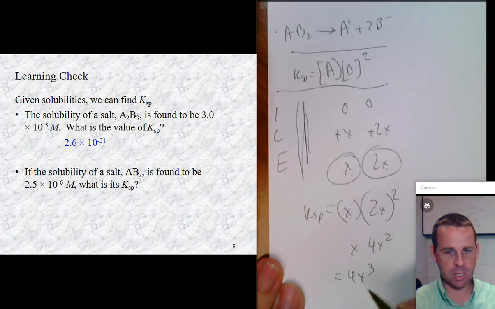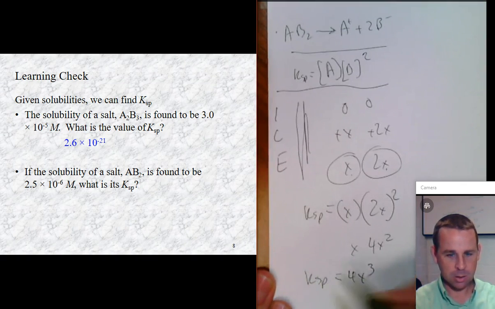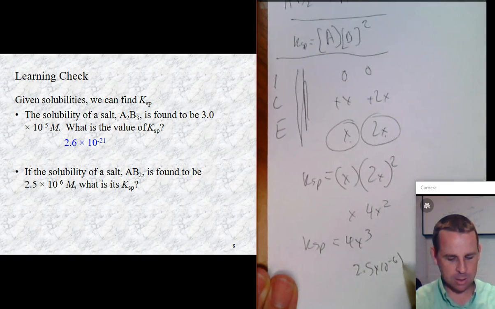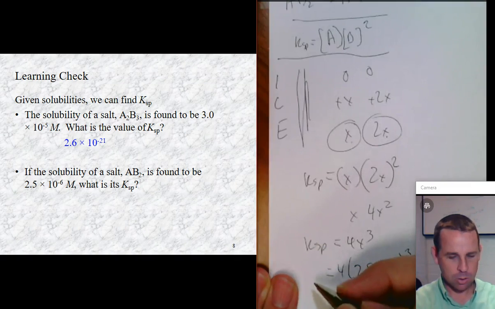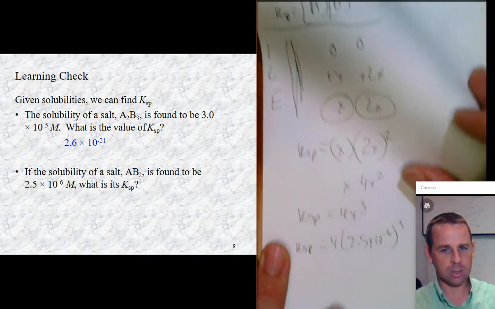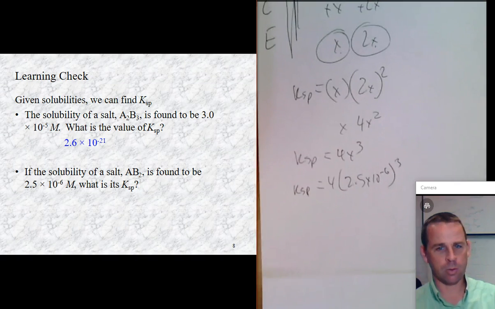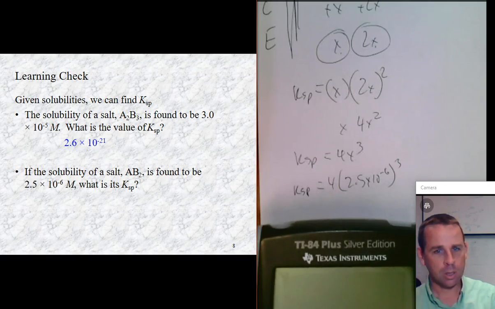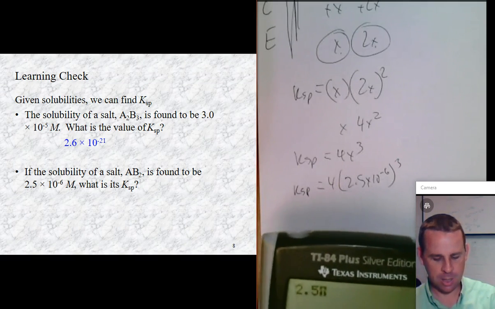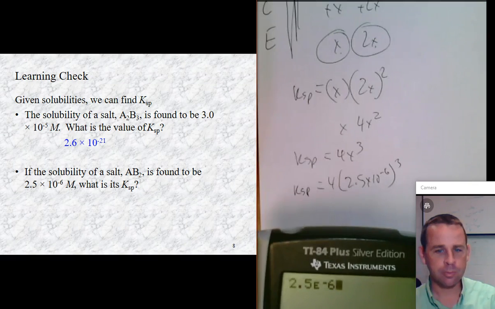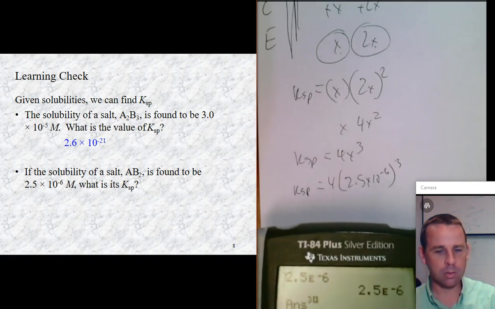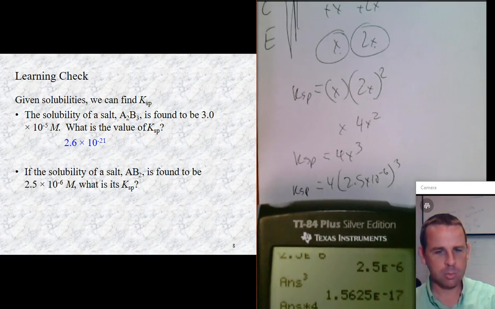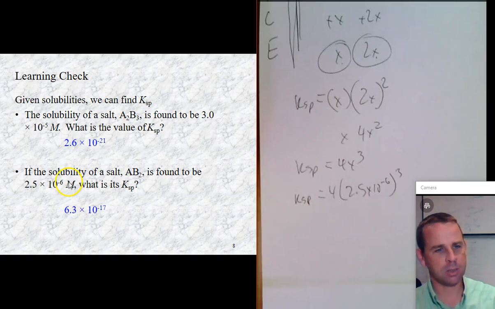So that value has to be set equal to our KSP, and our x in this scenario is what they gave us, which is 2.5 times 10 to the minus 6. That value cubed times 4 should be our solubility equilibrium value for this compound. So, 2.5 times 10 to the minus 6, cube it, times 4: 6.25 times 10 to the minus 17.